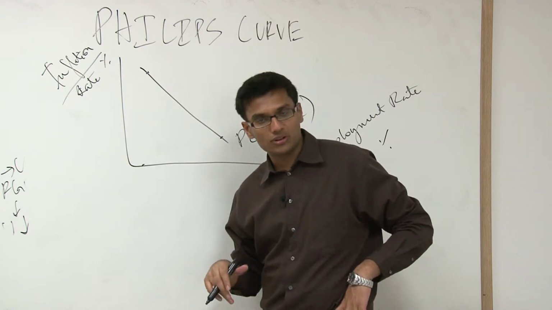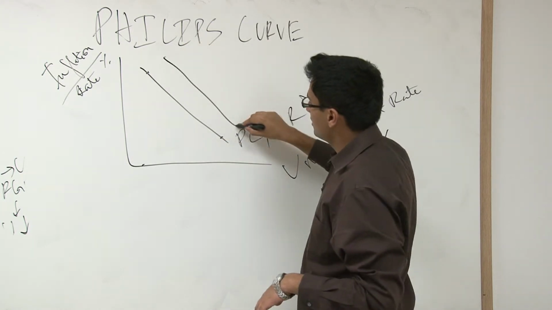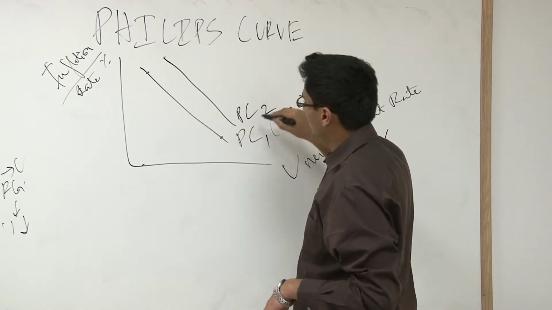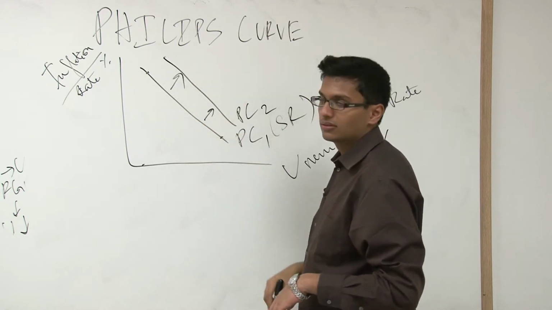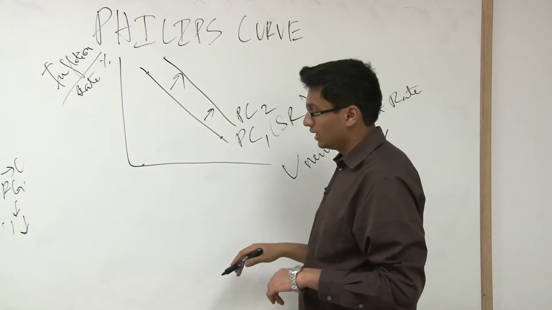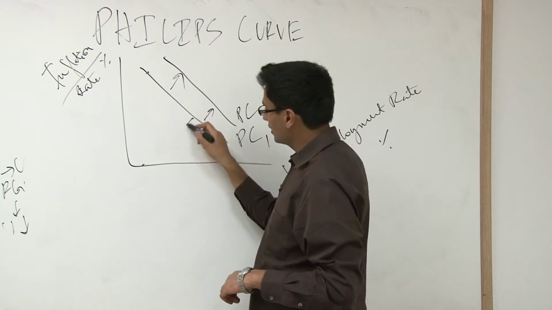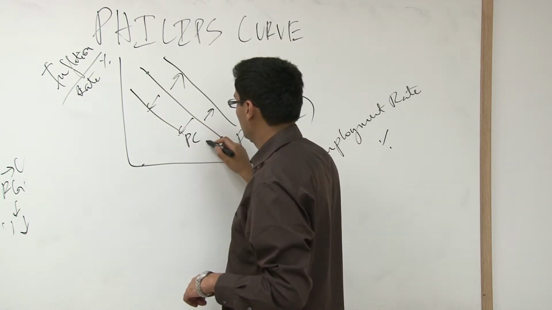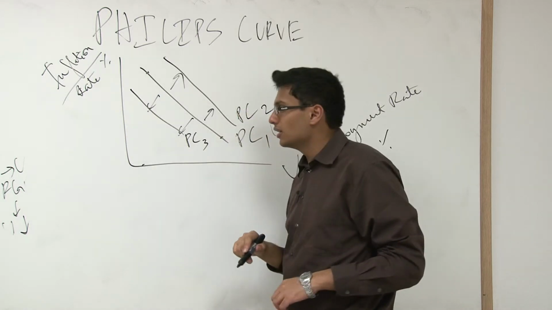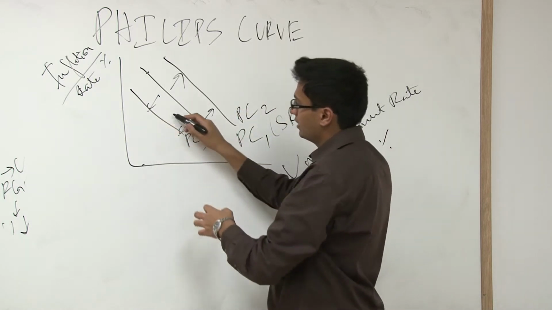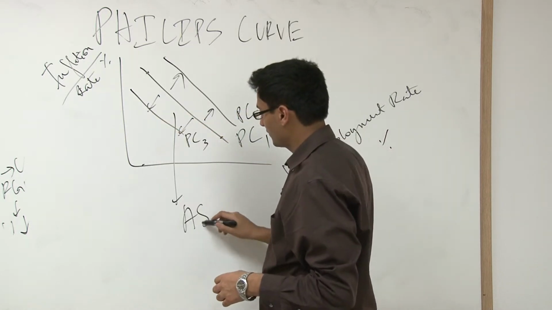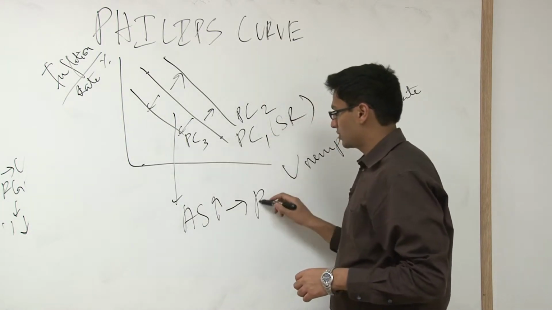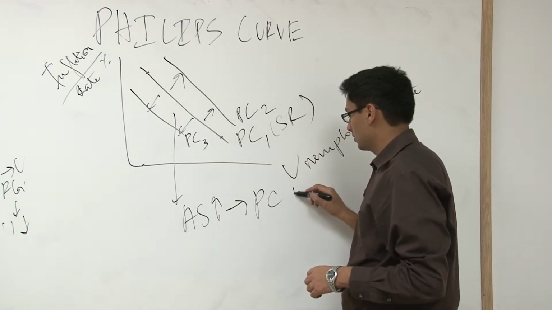If AS is decreasing, the Phillips curve moves to the right. If AS is increasing, the Phillips curve moves to the left. Let me write that down. If AS is increasing, the Phillips curve moves to the left.